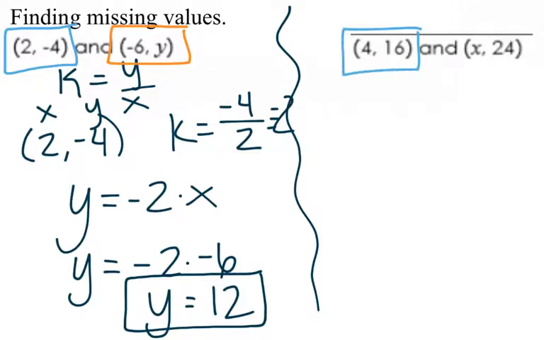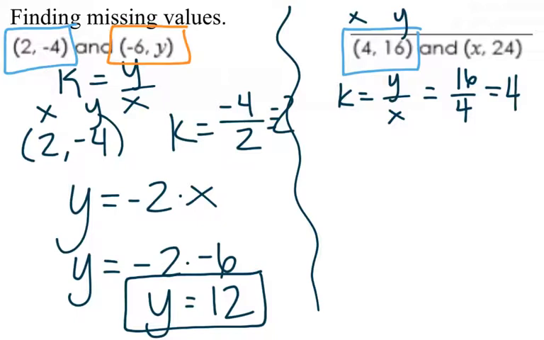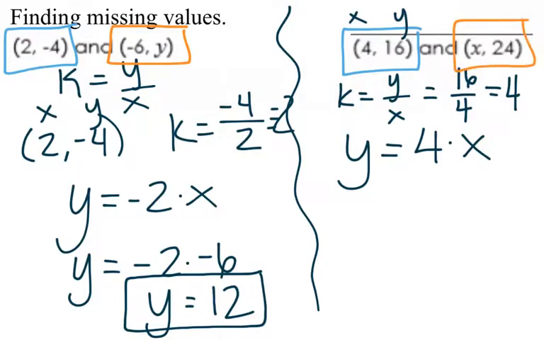k equals y divided by x. Here's my x and here's my y. So that equals 16 divided by 4. 16 divided by 4 is 4. Now I can write my direct variation equation. Then I'm going to use the second point to find what I'm actually looking for. This time is a little bit different. I'm trying to find x when y is 24.